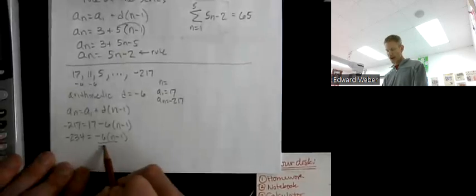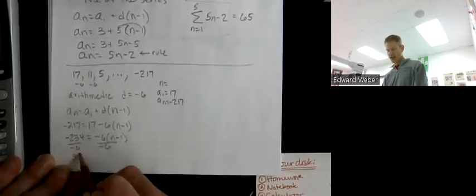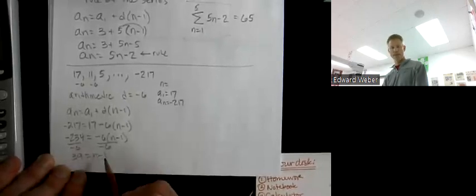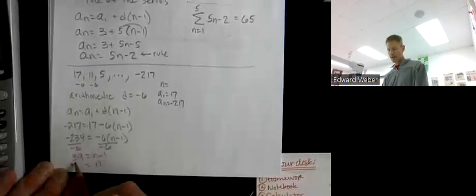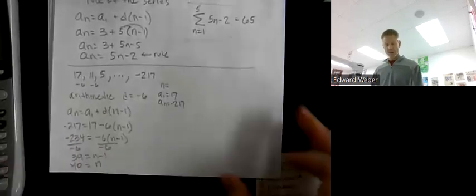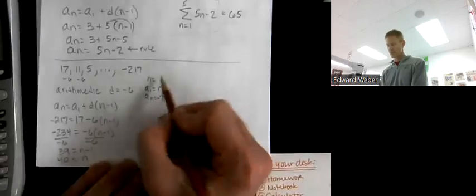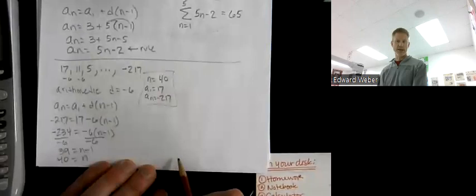And then when we divide by negative 6, that gives us 39. And add 1 gives us 40 terms. So we have 40 terms. Now we have the 3 bits that we need to know.